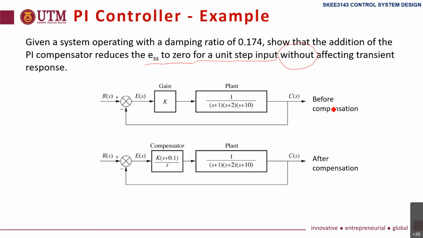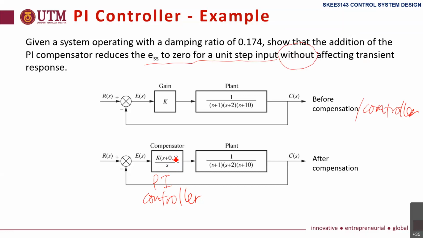This is the one before compensator or before controller, and this is the one with PI controller. You can see that here is (s + 0.1)/s. a here is chosen as 0.1, a small value.